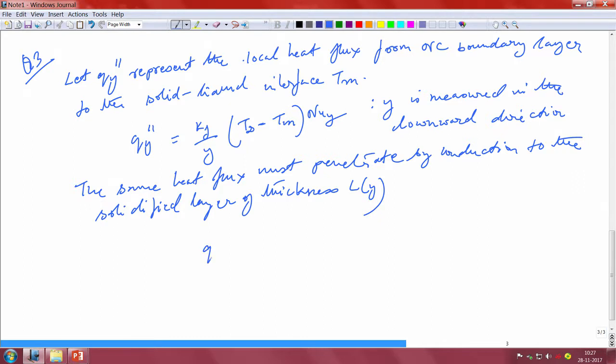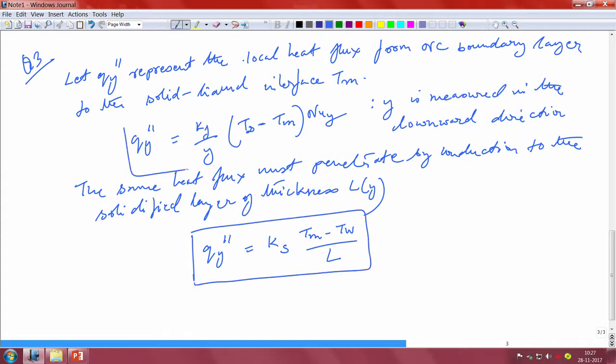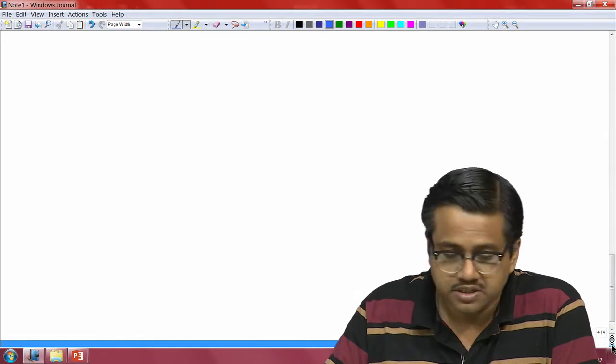So, q y double prime is given as Ks times Tm minus T wall, divided by L. What we can do is equate these two, because whatever heat is coming from outside has to penetrate the solid wall.